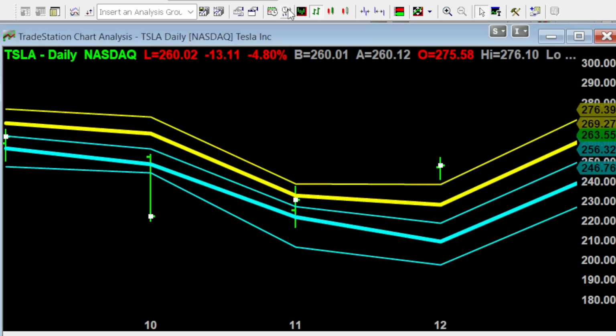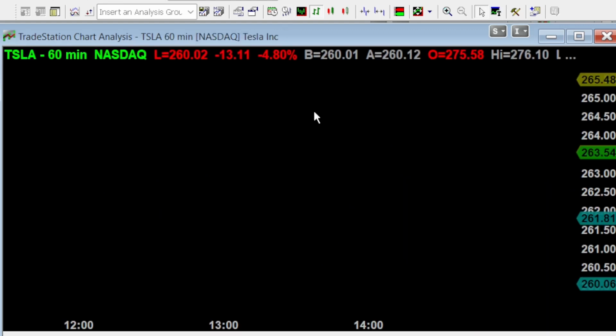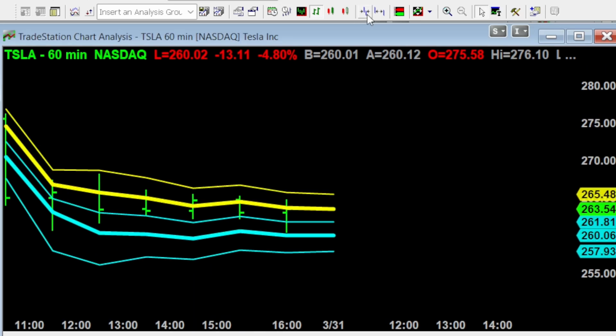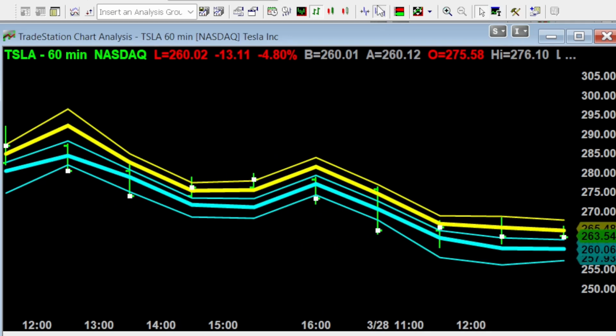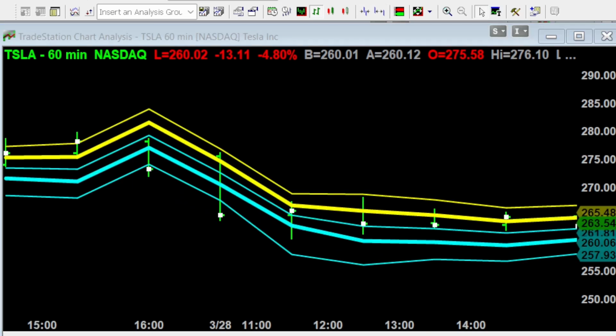So even for 60 minutes charts or 15 minutes charts, you will still see this kind of fluctuation. So this is the 60 minutes chart, and even for the 60 minutes chart, you can see it also fluctuates among this top yellow trend line and the bottom blue trend line.